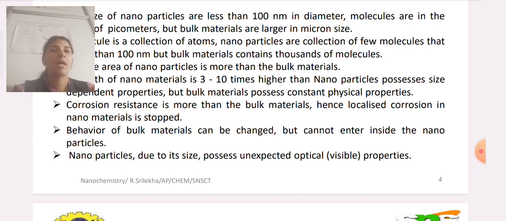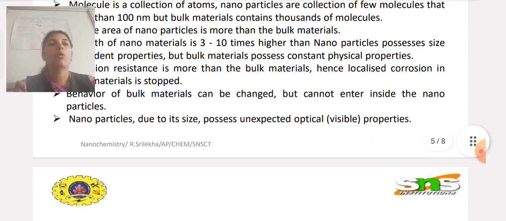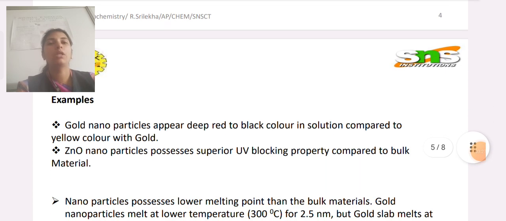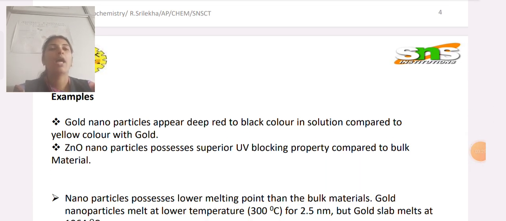In this manner, the nanoparticles, due to their sizes, have different optical properties. Examples: gold nanoparticles appear deep red to black in solution compared to the yellow color of bulk gold. Zinc oxide nanoparticles possess superior UV blocking properties compared to bulk materials.